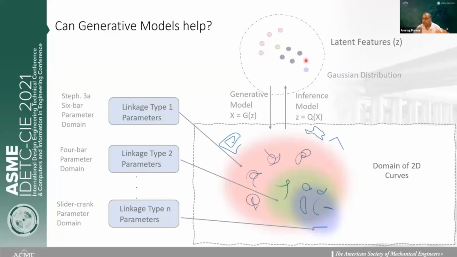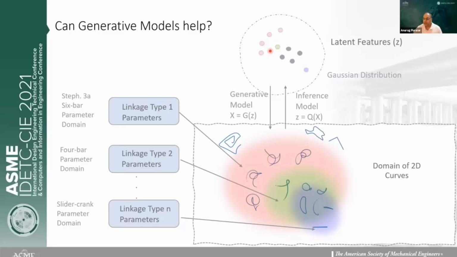Now, if you use a variational autoencoder kind of architecture, then these are no longer singular vectors, but they're more like probability distributions, okay? And once you have understood that, then you can generate new coupler curves, new mechanisms by going in the reverse direction. So you have an inference model that infers the properties of the coupler curve, understands the probability distribution, and then you have a generative model which can go in the reverse direction.